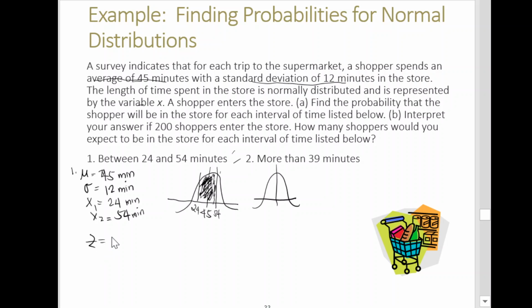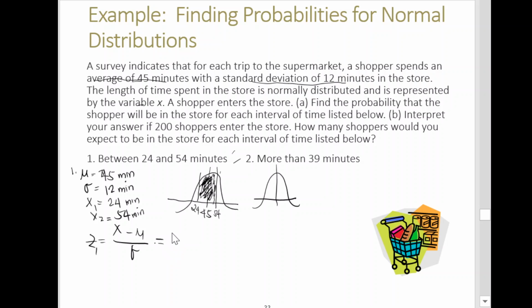Z is equal to X minus mean over standard deviation. Since we have two X values, we will do two Z computations. Let's compute for Z1 and then Z2.